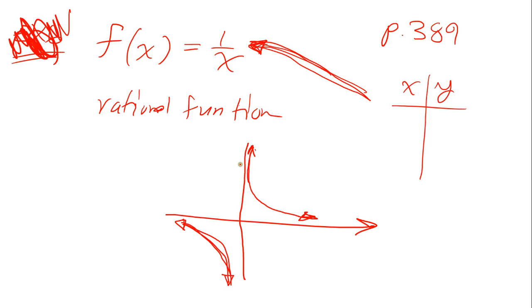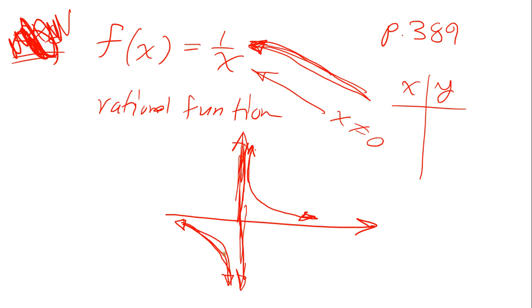But the key thing to get at here is that this line, in this case 1 over x, what can't x be? x can't be 0. So basically, this line gets closer and closer to 0, but never touches it.